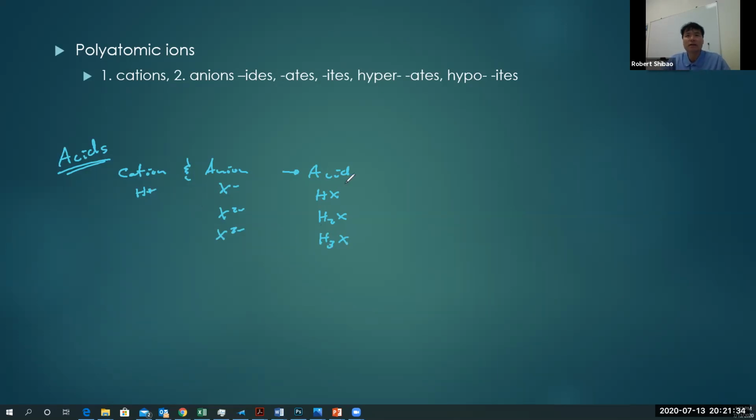And so this acid is called a monoprotic acid. This is diprotic. This is triprotic, because H plus we call a proton. This is called a proton or the hydrogen ion. The reason they call it a proton is because most hydrogen atoms only consist of a proton and an electron. So if we lose the electron, we're just left with a proton.